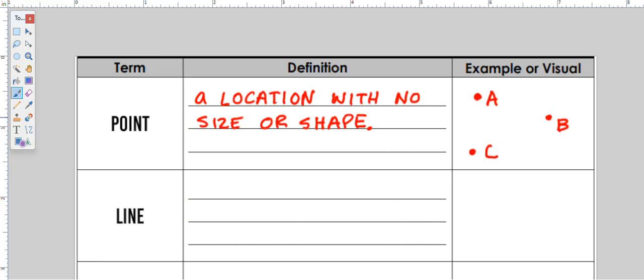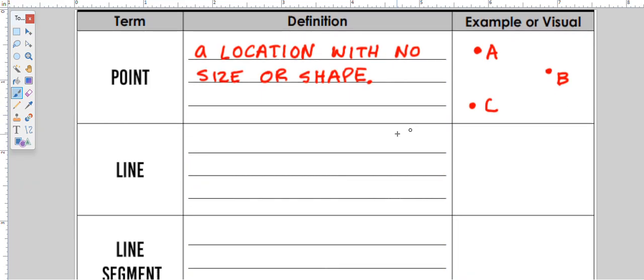All right. The next thing that we are going to look at is a line. A line is made up of points with no thickness or width.